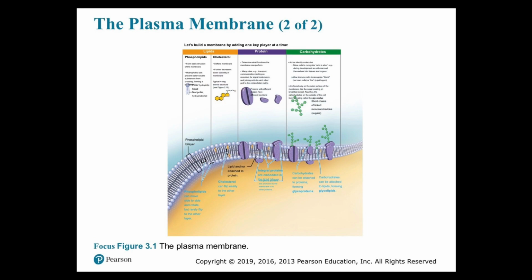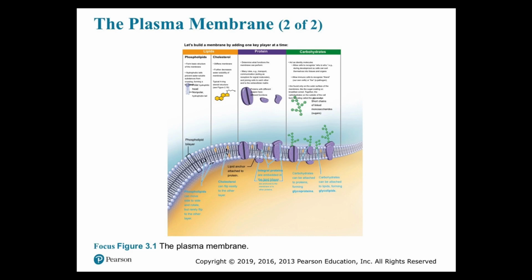The second part of figure 3.1, the plasma membrane. And I do apologize for the poor quality of the image. I could not get it bigger than this. Anyway, so the three components of the plasma membrane are the lipids, the proteins, and the carbohydrates. For lipids, the main lipid is the phospholipids. These form the basic structure of the membrane.